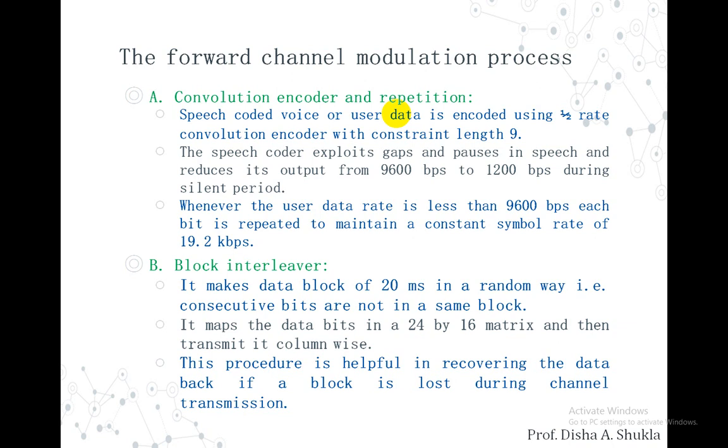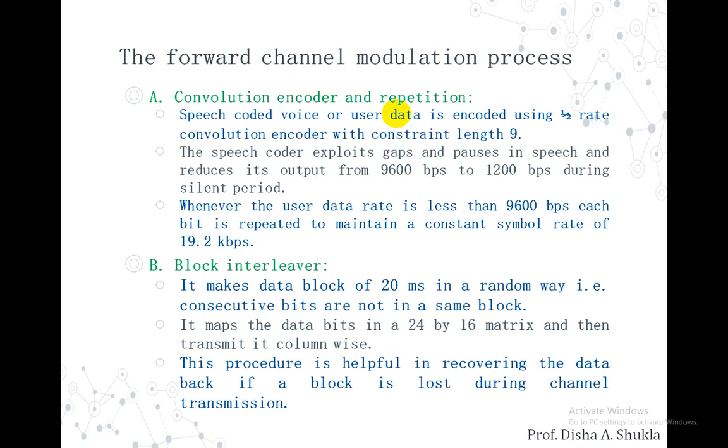Say for example, whenever the data is sent, suppose there is some gap or pause in that particular speech, then it will be reduced, and its output will be reduced from 9600 bits per second to 1200 bits per second during the silent period. Now whenever the user data rate is less than 9600 bits per second, each bit is repeated to maintain a constant symbol rate of 19.2 kilobits per second.